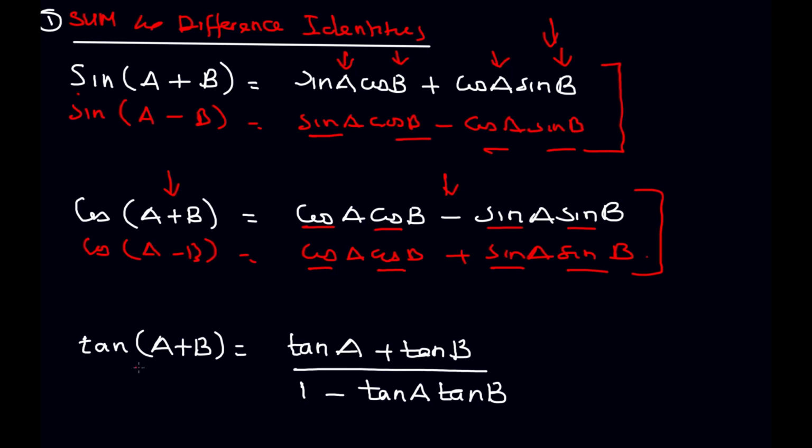Tangent, what happens with the tangent? What happens with the tangent here is that we form it from these here. Now, remember here I'm saying A plus B, meaning that I'll get this one and I'll get that one and create tangent. Now, remember we said that tan theta is equal to sine theta over cos theta, right?